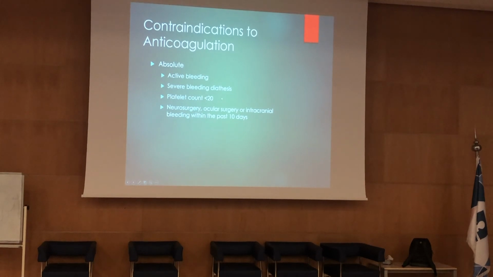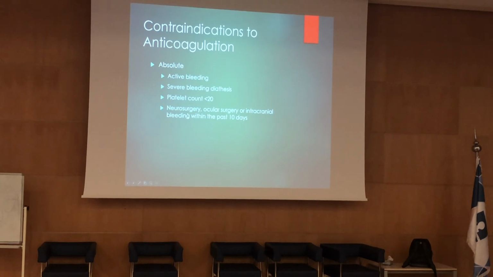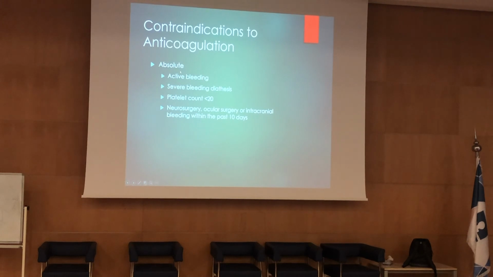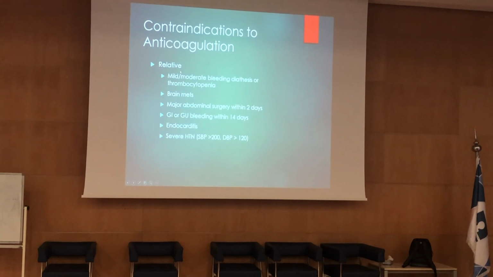Also if the platelet count is low, below 20,000, or if the patient is post-operative, for example neurosurgery with surgery in his skull, and then he has thrombosis, we cannot give him because there will be a risk of bleeding. Absolute means never give him, never. But relative means you can give him with caution.